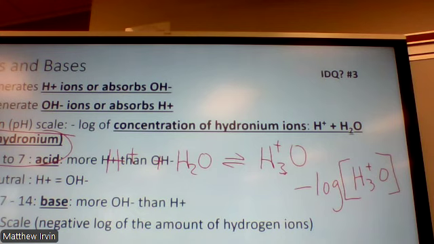Theoretically, you could be tested on that. It has never shown up on the AP test before. But on the equation sheet still, maybe it's not on there anymore. There it is, negative log of hydrogen ions.